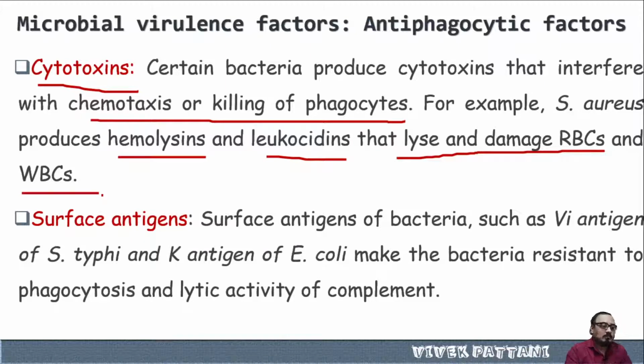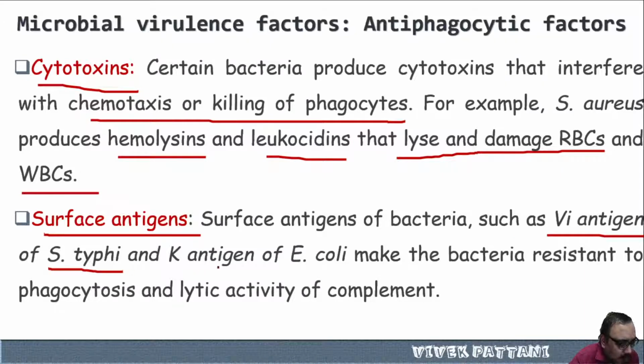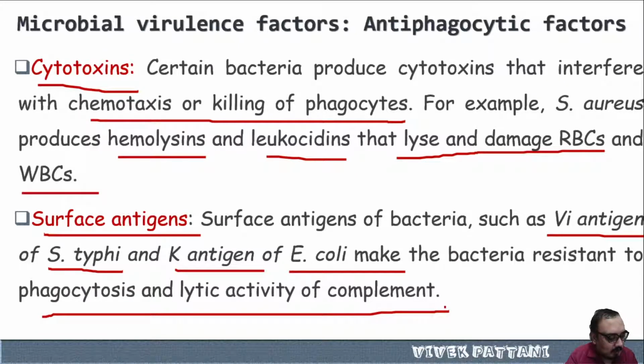Next come the surface antigens. Surface antigens of the bacteria, such as the Vi antigen of Salmonella typhi and the K antigen of E. coli, make the bacteria resistant to phagocytosis and the lytic activity of the complement.